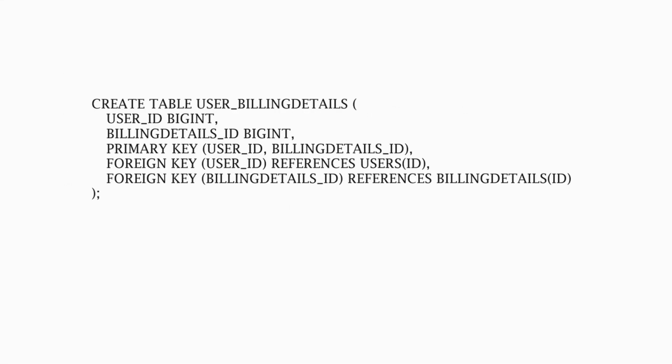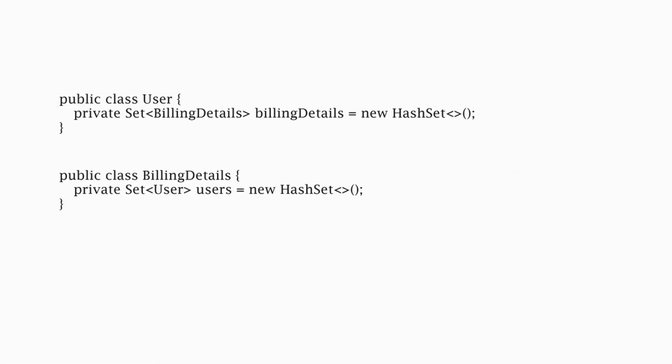Something like this I have to create. I have created it as user_billing_details, where user ID is there and billing details ID is there. Okay. So this is how I have created the many to many association in the database table, which is quite different from how I created it in Java.